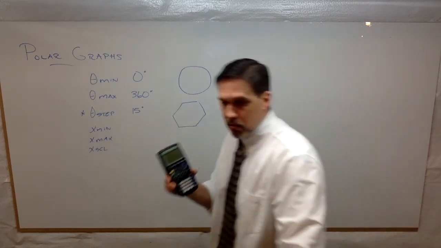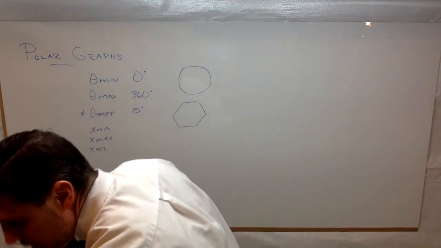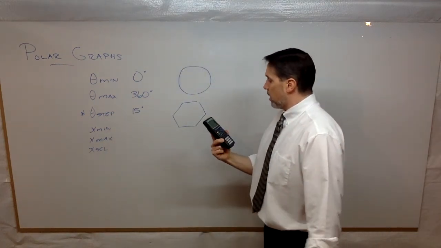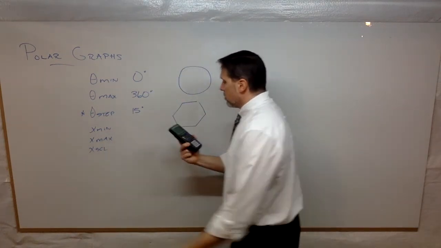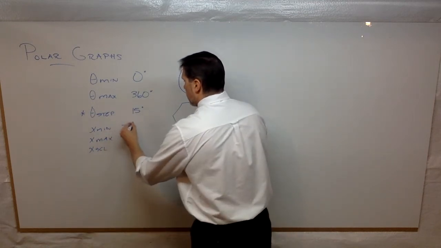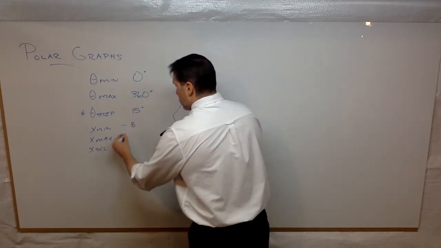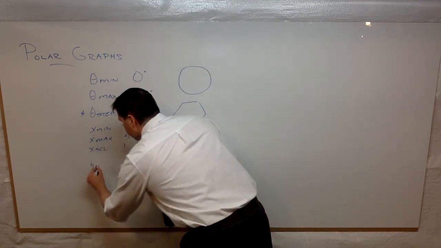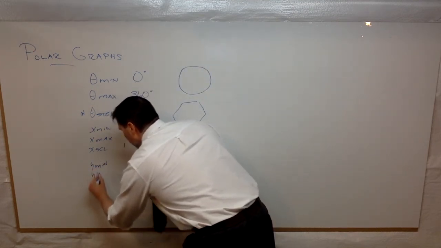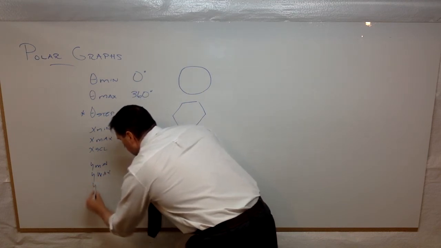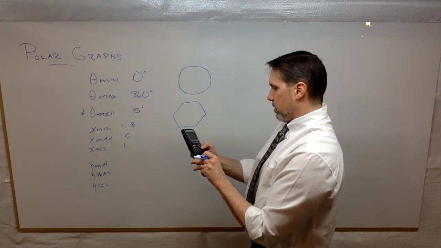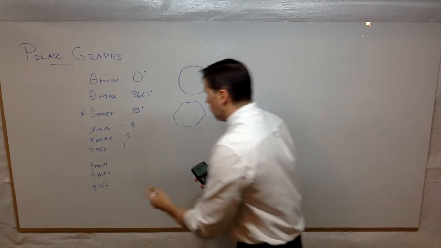So we do need to actually pick appropriate values so we can see these shapes, how wide and how tall. So for these, I'm just going to go an X-min of -8, X-max of 5, X-scale of 1. And then the Y-min, Y-max, and Y-scale. What do I have here? Looks like I have -5, 5, and 1.